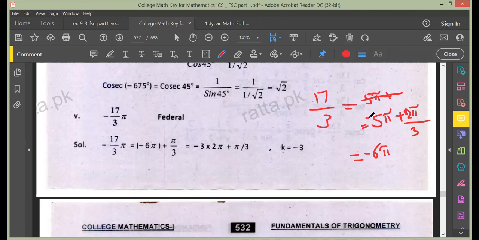It will be minus and it will also be minus. You have to find a positive angle here, so instead of 5 you write 6 plus this, which is equal to 5 over 3. So k will be equal to minus 3, and we will calculate the values at 5 by 3.